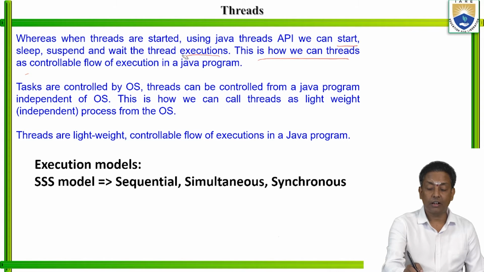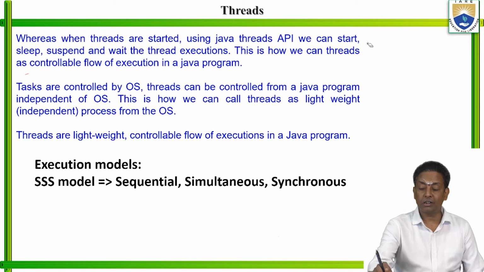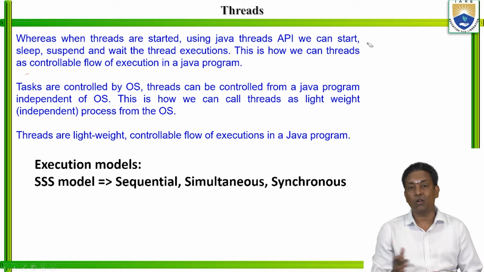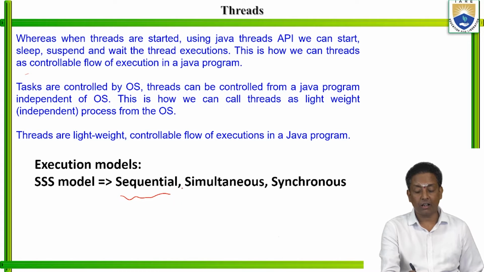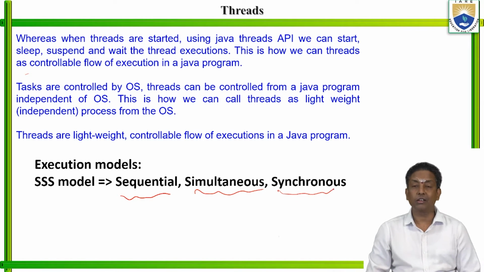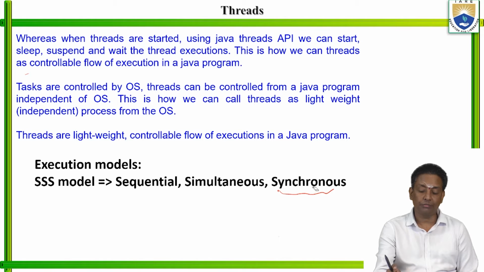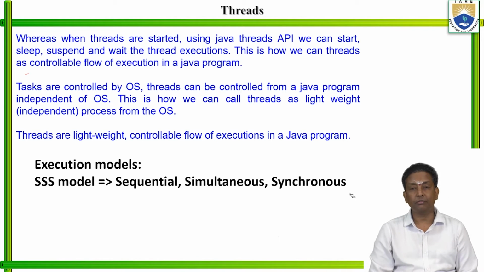So coming to the threads, I generally talk about threads in three different models of execution: sequential execution, simultaneous execution, and synchronous execution. Triple S model: sequential model, simultaneous model, and synchronous model. I have a question.